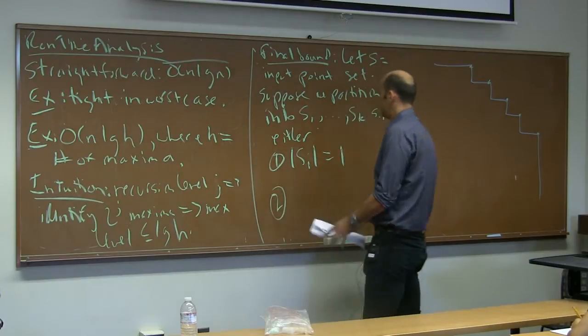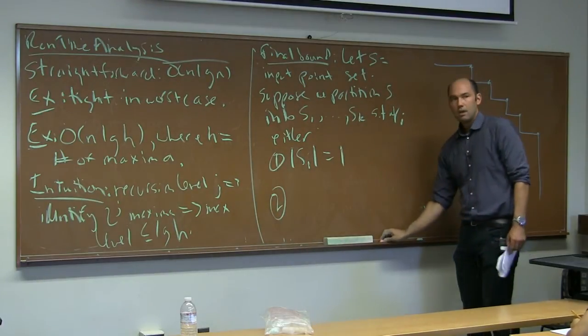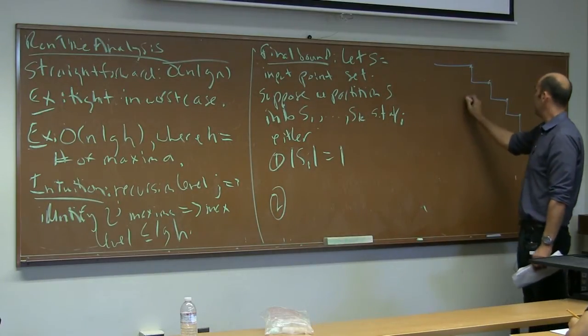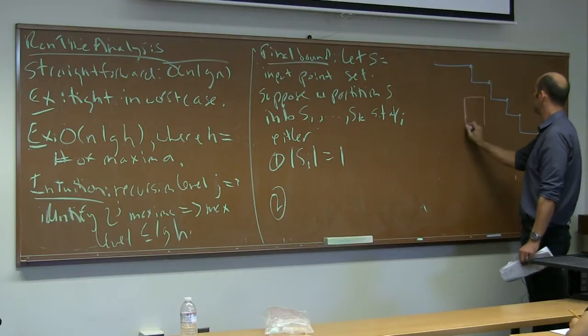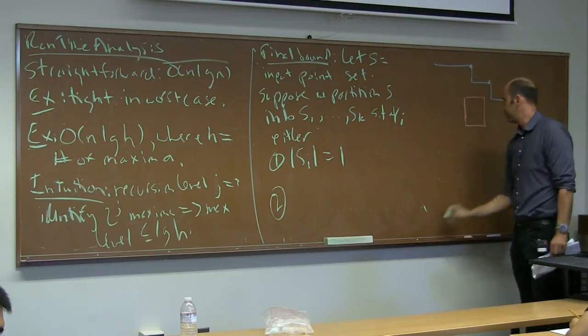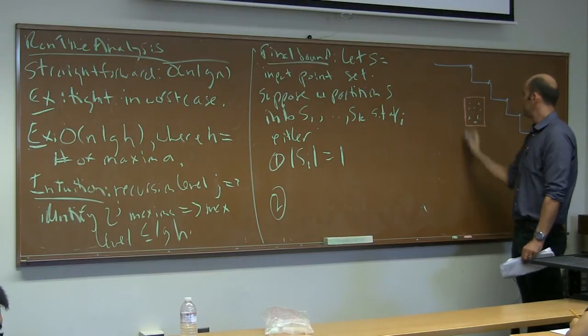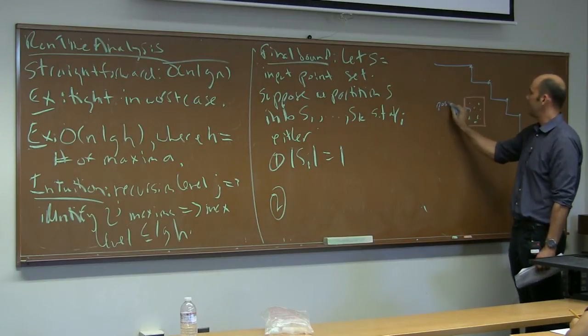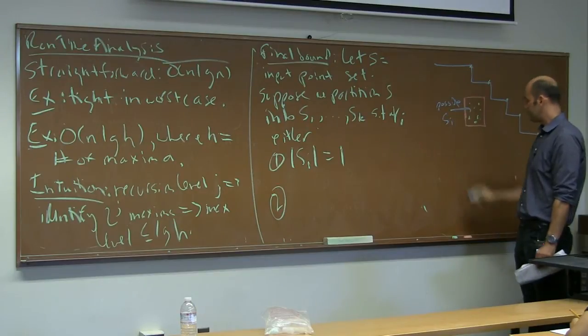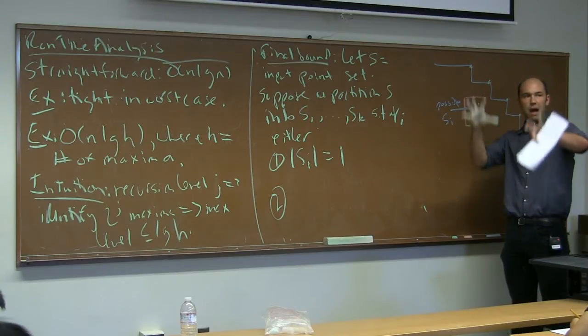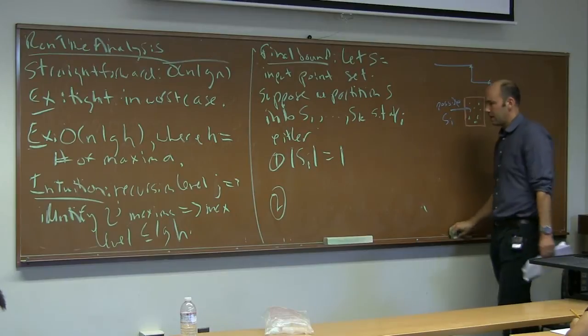Or if it's a group of points, then the group should be contained in a box that's underneath the staircase. So this is a possible S_i. I can enclose a group of points with a box under the staircase, that's allowed.